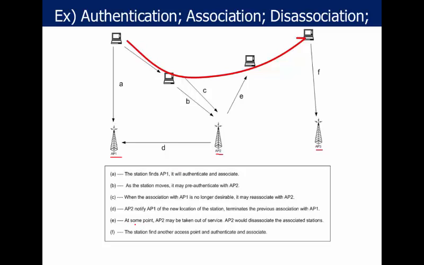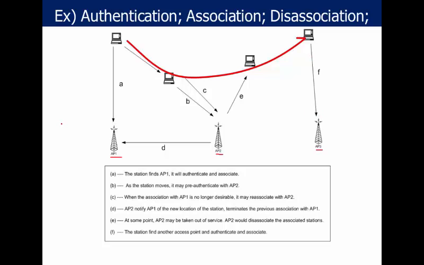Then it moves further. At some point, AP2 may be taken out of service. AP2 would disassociate the associated station. If it approaches access point 3, then it disassociates, and finally associates with AP3.